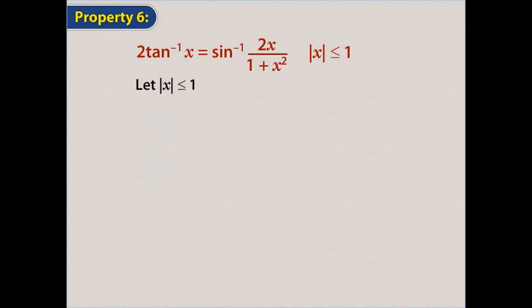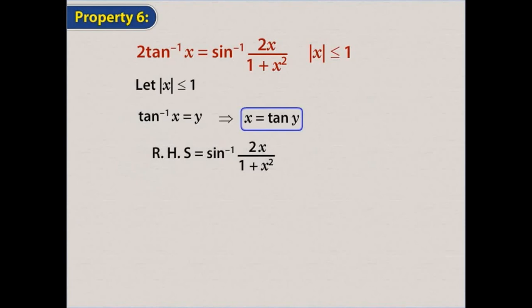Property 6. Lastly, we need to prove that 2 tan inverse x equals sine inverse of 2x in the numerator and 1 plus x square in the denominator with the condition mod x is less than or equal to 1. Let mod x be less than or equal to 1. Let tan inverse x equals y, then x equals tan y. On substituting x equals tan y on the right hand side of the equation, we get sine inverse of a fraction with numerator 2 tan y and denominator 1 plus tan square y.